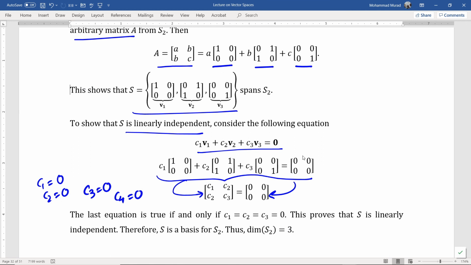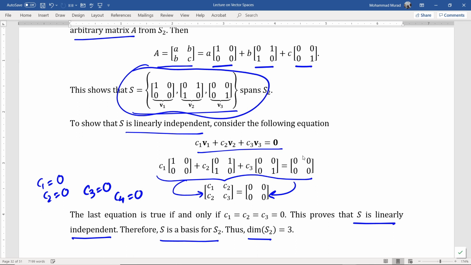This proves S is linearly independent. Therefore, the set S is a basis for the subspace S sub 2. Thus, the dimension of S sub 2 is 3, since the set S has 3 elements in it.